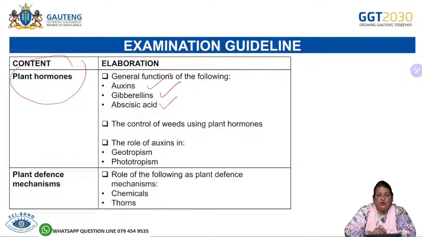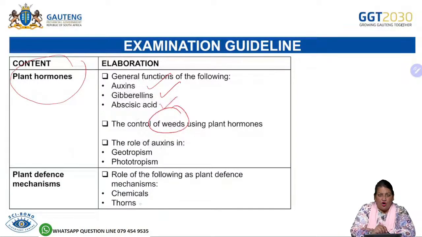Then we're going to look at how hormones act as weed killers or herbicides. We're also going to look at the role of auxins in geotropism and phototropism. Then we're going to look at the actual defense mechanisms that plants use to protect themselves, and that is chemicals and thorns.